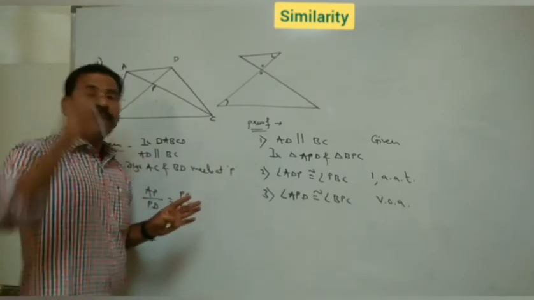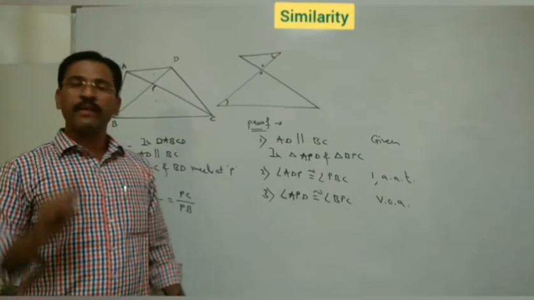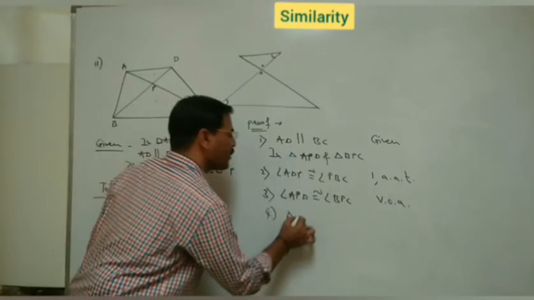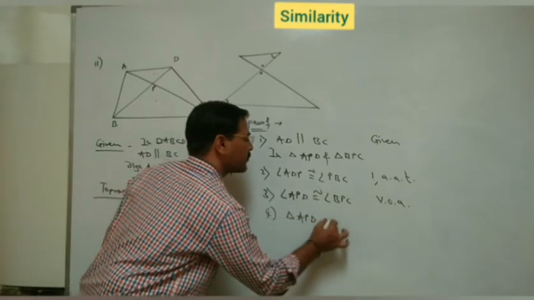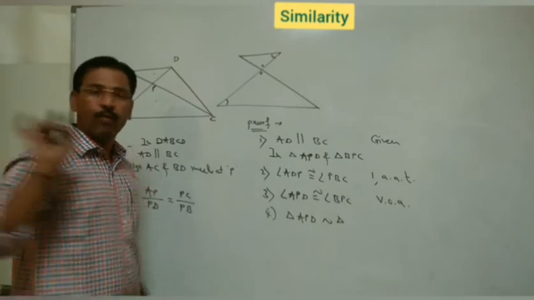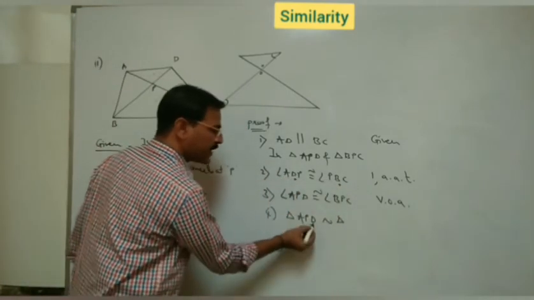But whenever writing in similar form, at that time the vertices should be in one-to-one correspondence. Okay? So right now, I write the name of the first triangle as it is. But when you write the second triangle's name, that should be in one-to-one correspondence. How can we check? D to D. Where is D? Last.